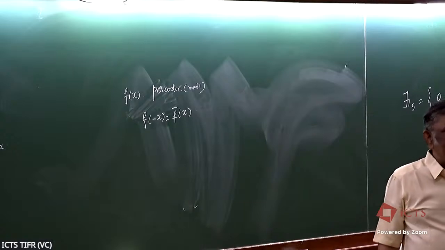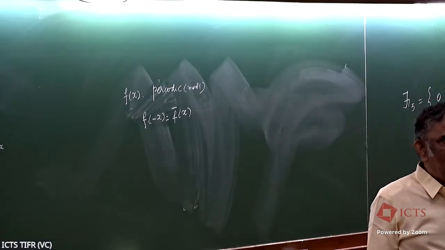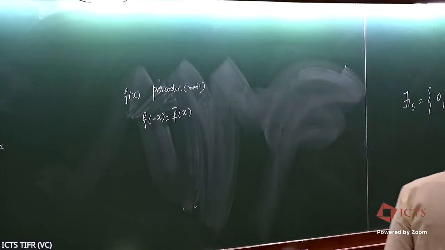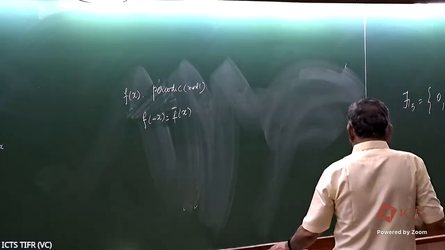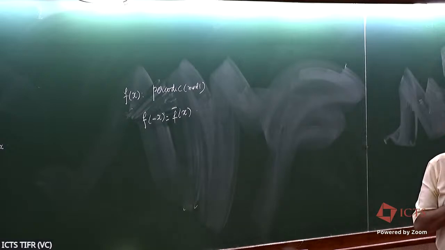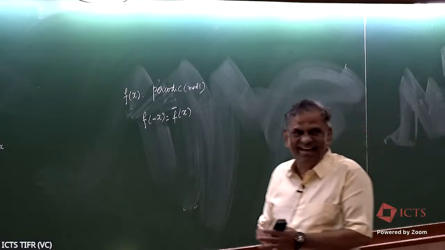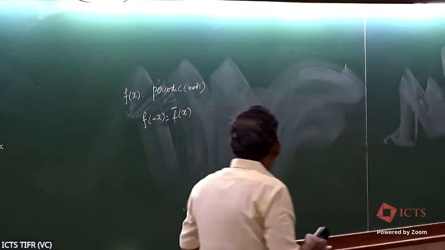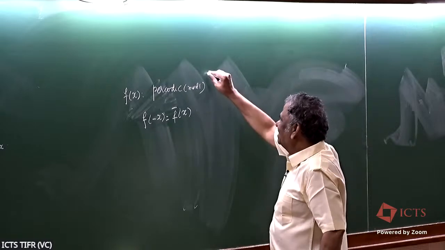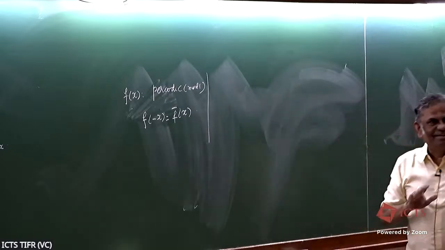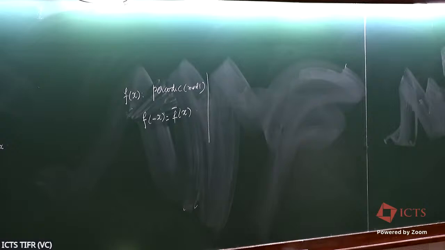And your function Enx satisfies both these conditions, and we will manage with the f of x. Here bar is complex conjugate. You have to understand everything from the context.